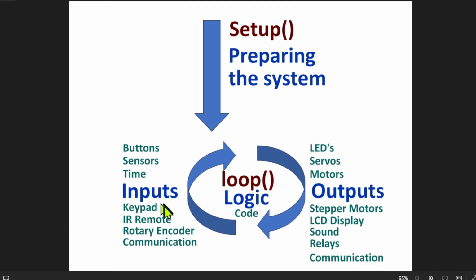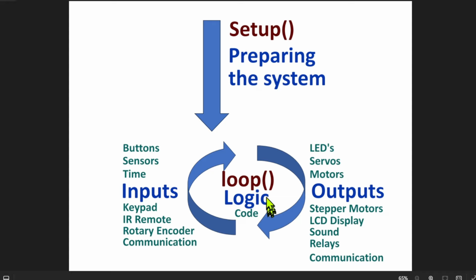Now, the important thing is that if we write the code correctly, then we will get a smooth input and a smooth output. If our logic code is written badly, it would be a bit like I press a button on my keyboard and I have to wait 2 minutes before I see the screen update.